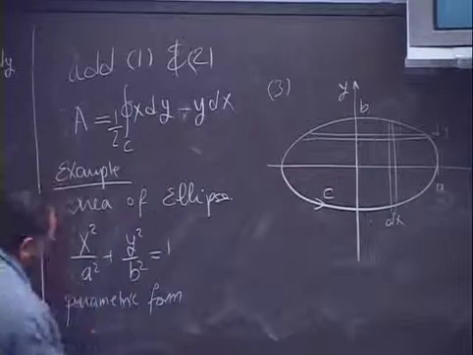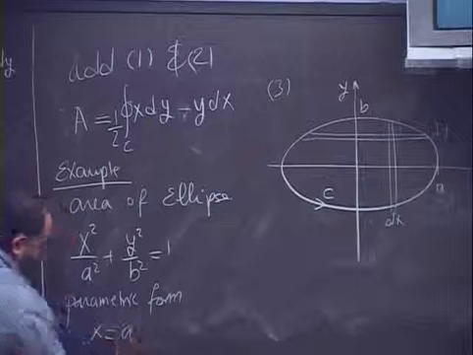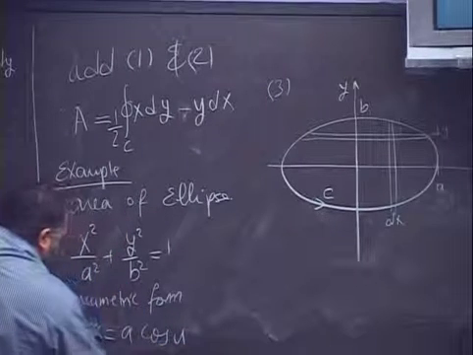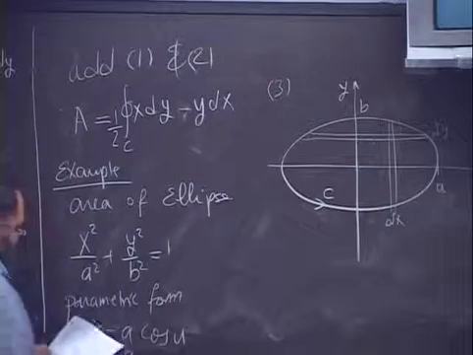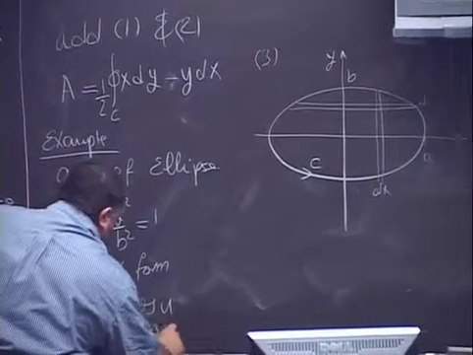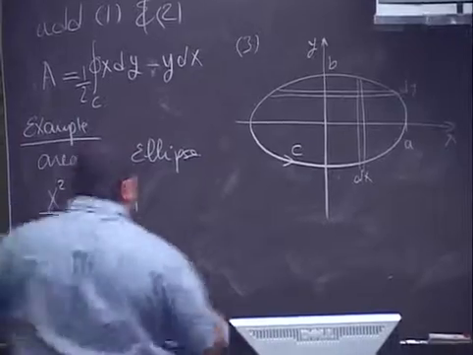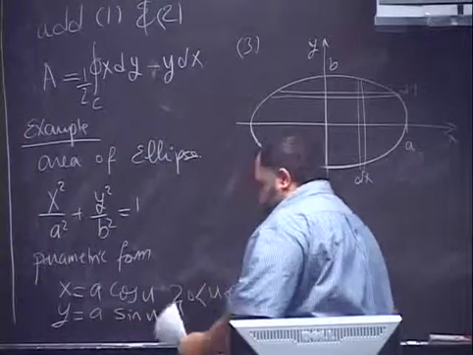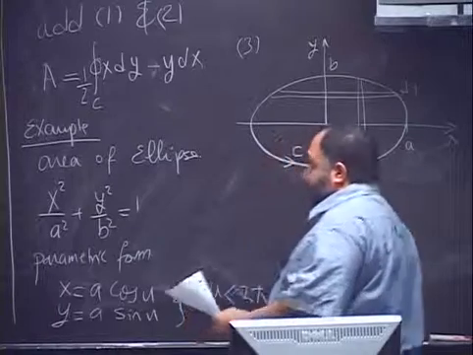So in parametric form, x is equal to a cosine u, and y is just a sine u, where for both of them u is greater than 0 and less than 2 pi.